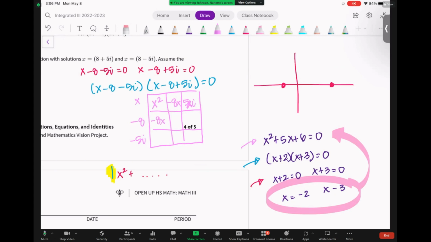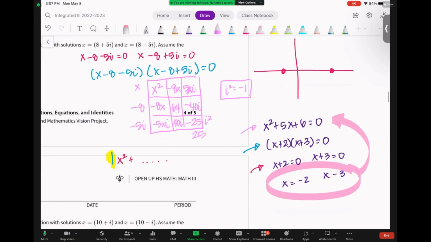I get a 64. And then I get negative 40i. And then just continuing, I get 5xi. I'm sorry, I'm moving too quickly. I get 40i. And I get negative 25i squared, which is just 25, because remember that i squared equals -1, right?